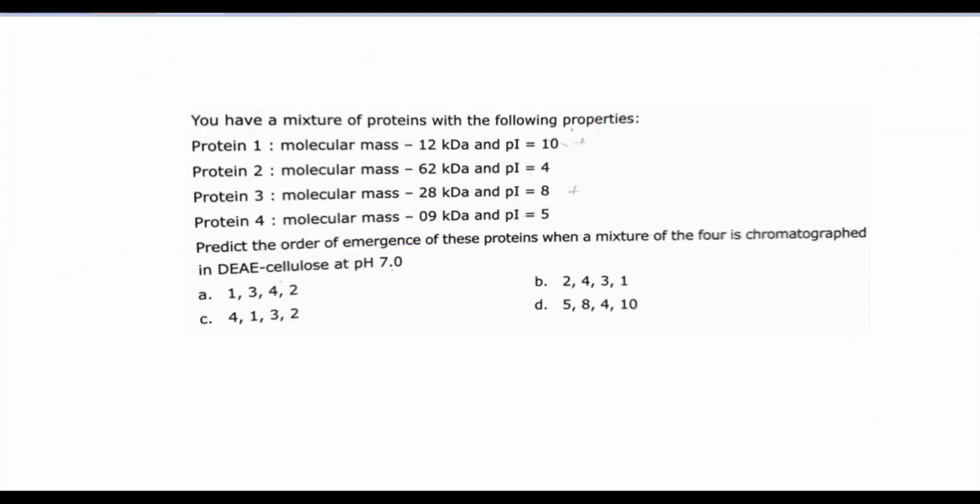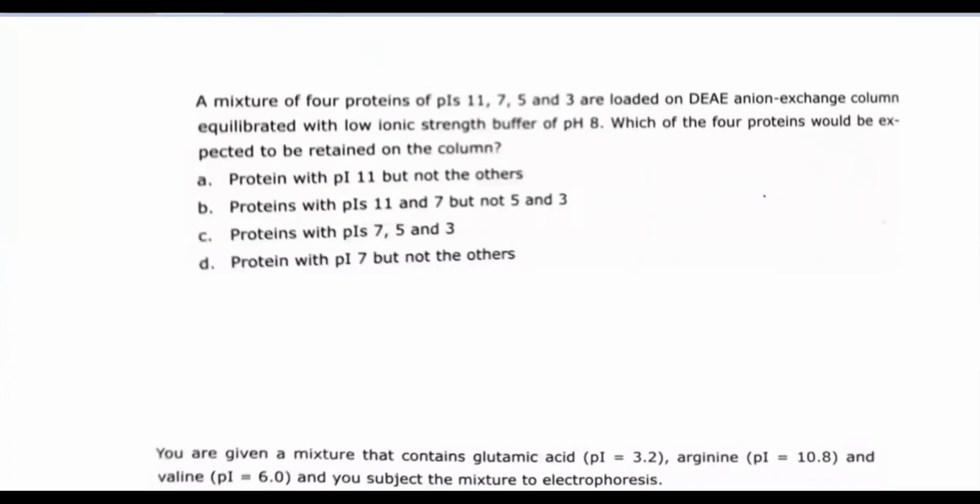Now, next question is a mixture of four proteins of pIs 11, 7, 5 and 3 on DEAE anion exchange equilibrated with a pH of 8. pH is 8.